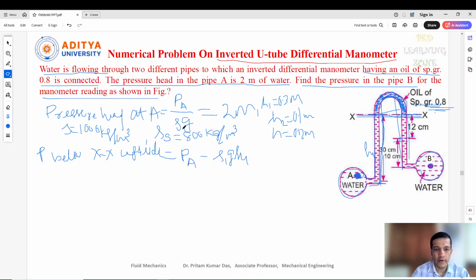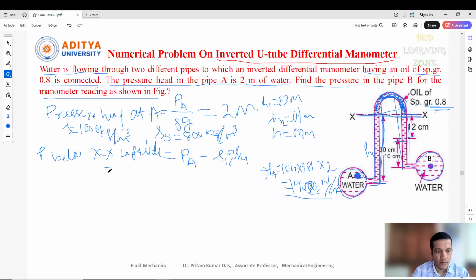PA we have not identified till now, so we can find it from PA by rho g equal to 2. So PA equals 1000 into 9.81 into 2, which is 19,620 Newton per meter square. So this is the PA value.